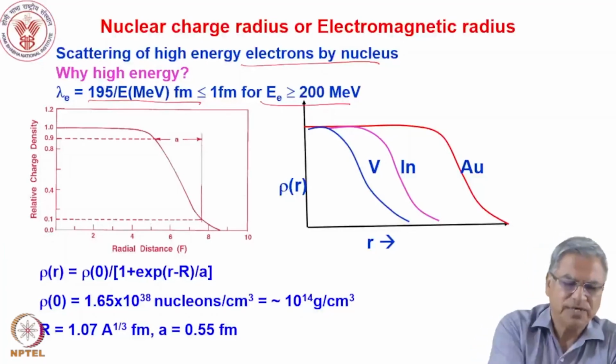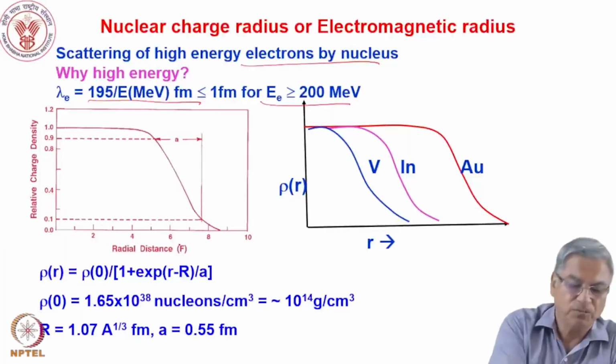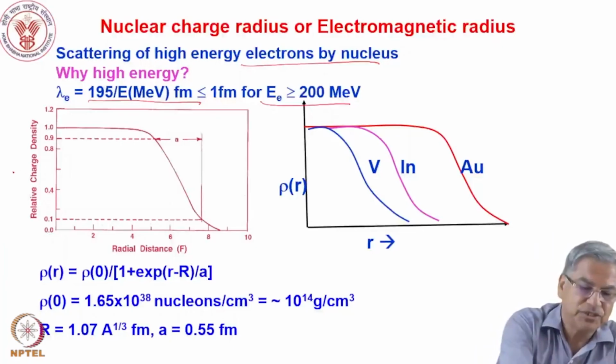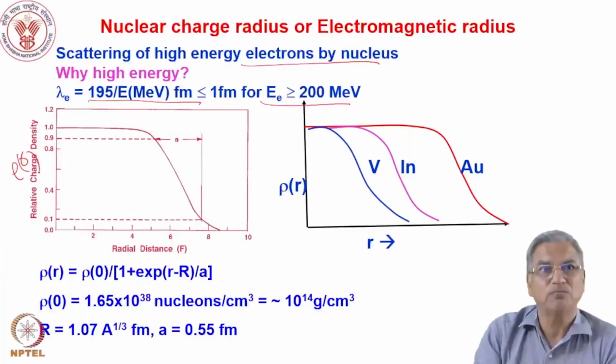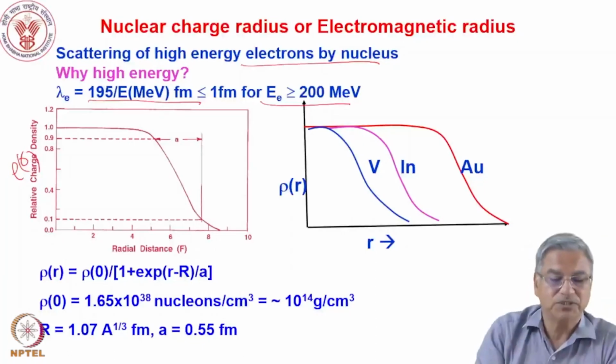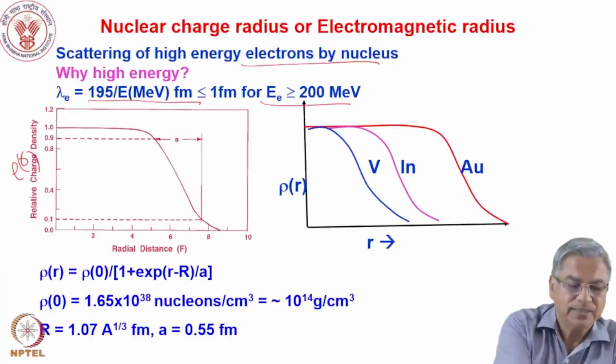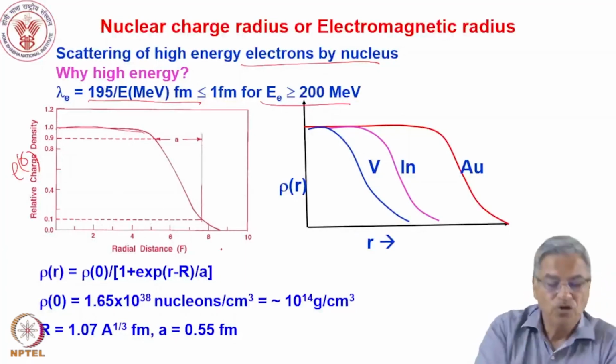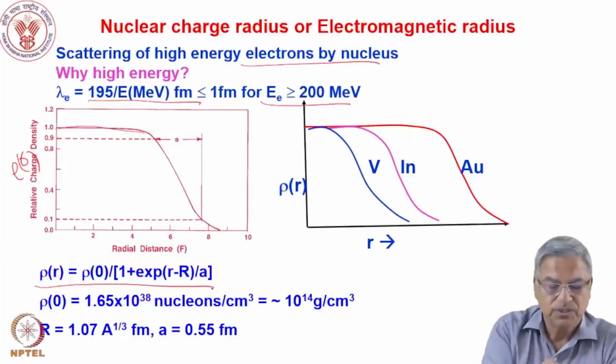So this data on the left hand side gives you, as a function of distance from the center of the nucleus, how the charge density rho is changing with the distance from the center of the nucleus. And you can see here that it is flat up to a certain distance and then sharply falls down following this relationship.